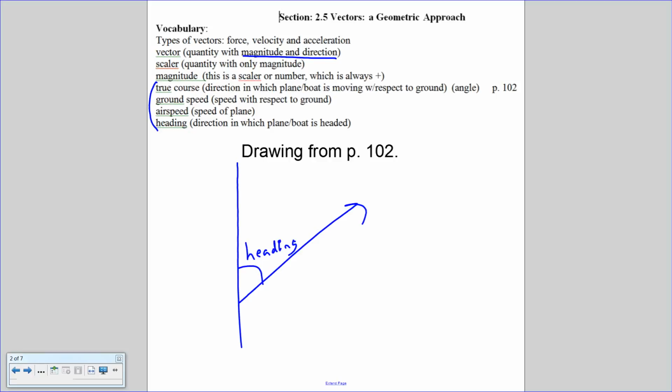But then, after you have that heading where you set everything up, the wind is going to blow it off course. So then you're going to have an impact, and it's going to be a different north-south line. And that can be something like wind speed.